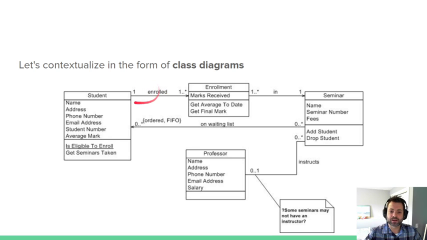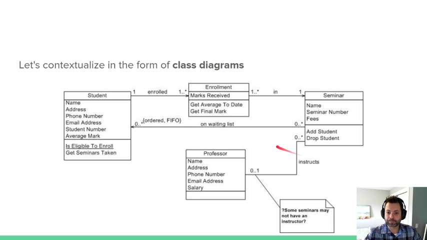That's kind of a weird way to say it. If I'm implementing this class diagram, what does enrolled tell me? I'm writing Java code, does enrolled exist? Probably not, right? It might be a Boolean somewhere, but this is one of those semantic things that is giving information to you, the reader, right? A professor instructs a seminar. That makes sense to me if I'm communicating with one of you what the intent of this system is, right? But does this tell me anything programmatically? Not really, but it's an adornment.